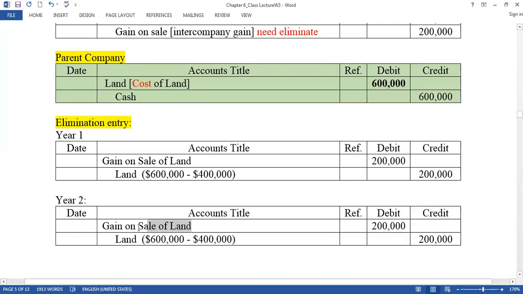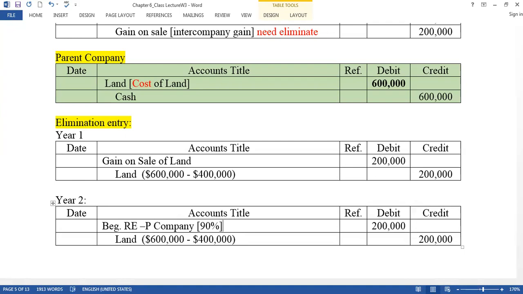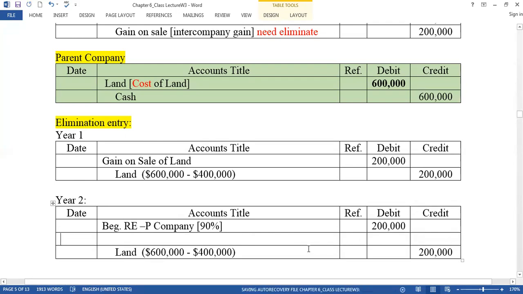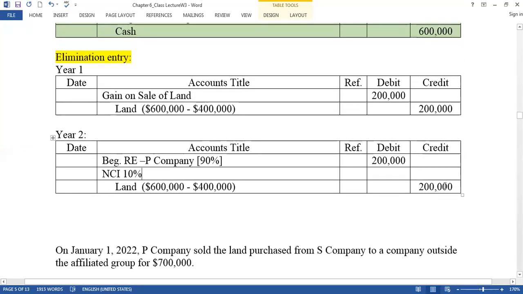In year 2 we record beginning retained earnings, P company, 90%. I write it here again because in this question I asked you for some more entries: NCI 10%. Yeah, this is the case.